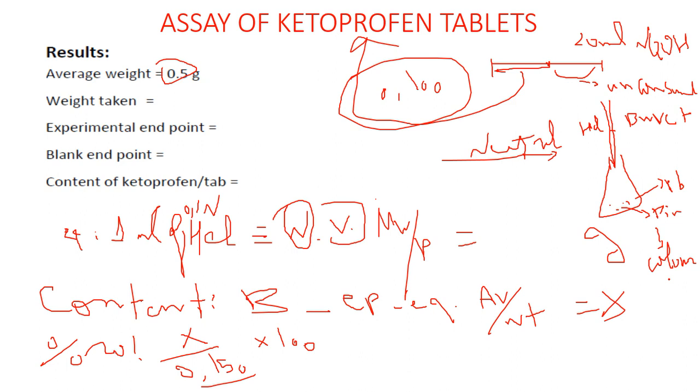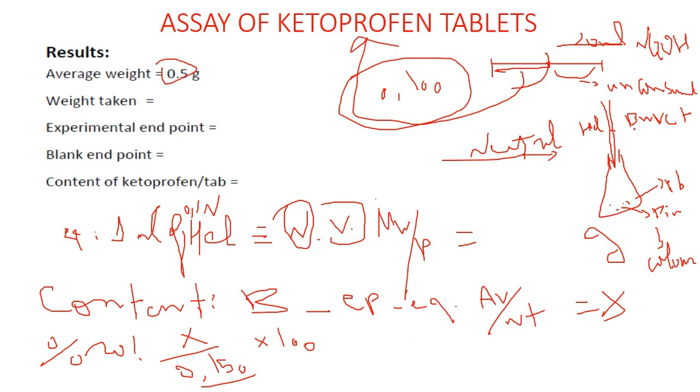So in this case the endpoint obtained from this titration depends on the unconsumed amount of sodium hydroxide. So adding 20 milliliter of sodium hydroxide, some reacts with ketoprofen, and the unconsumed sodium hydroxide will react with hydrochloric acid.